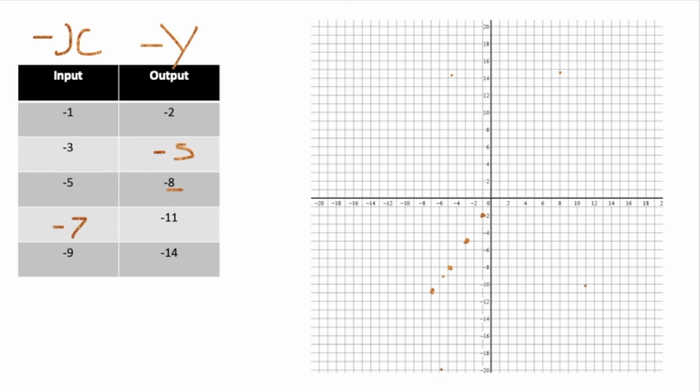And then -9. I've done something wrong here, haven't I? No, that's -11. Perfect. And then -9 to -14. There we go. And then if I draw my line here, that proves that I have a linear equation because it's a straight line.